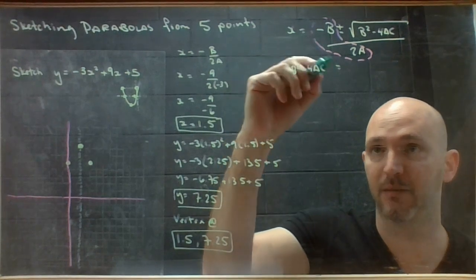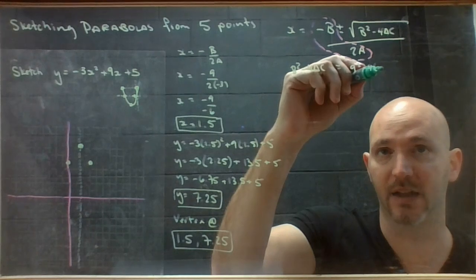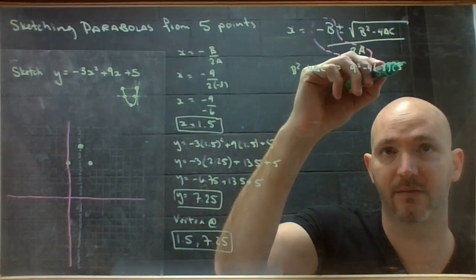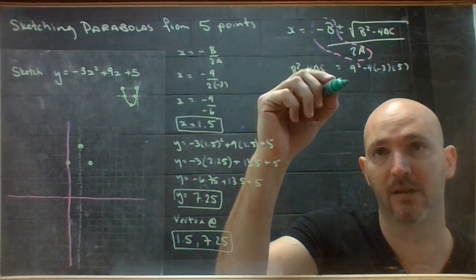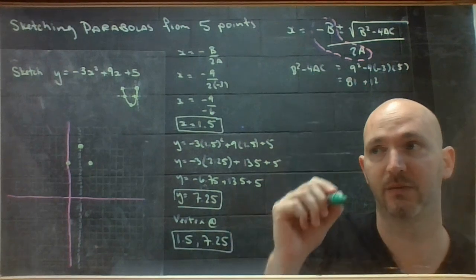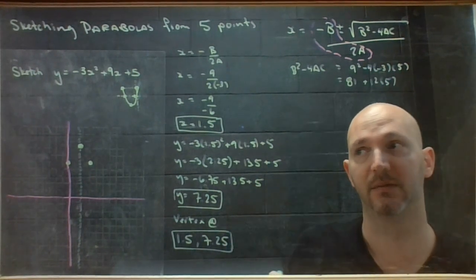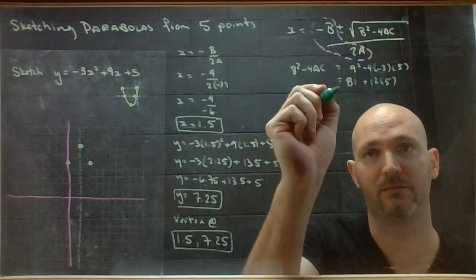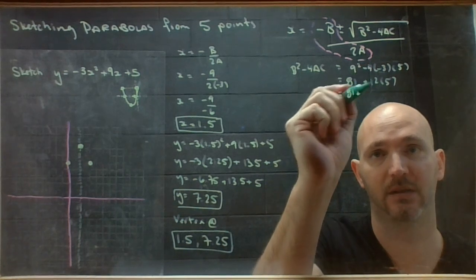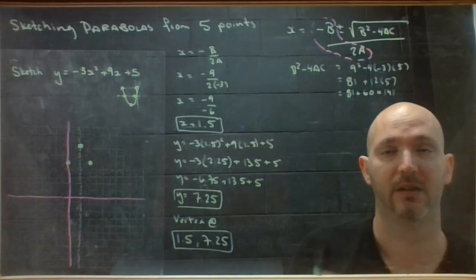So my b value is 9, a value is -3, c value is 5. That's 81, so plus 12 times 5. That's 81 plus 60, which gives me 141.